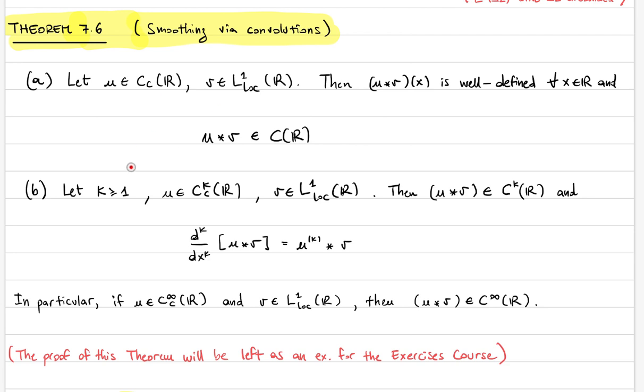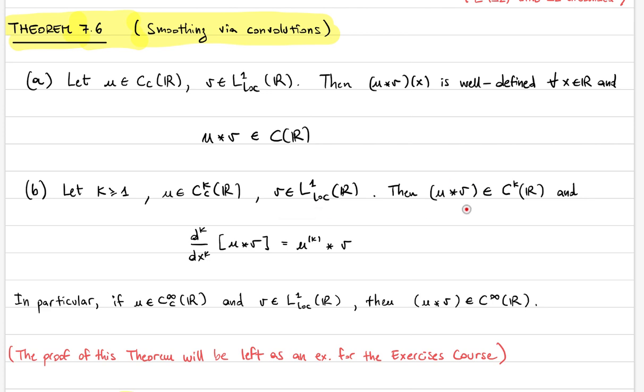Maybe we can prove something similar for C1 functions or C^k functions. And indeed, this is what point B says. Let k larger than or equal to 1 be an integer, and u be a C^k function compactly supported, and v in L1 loc.